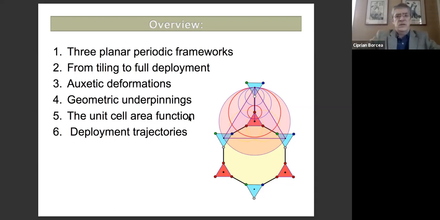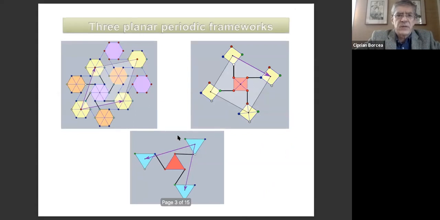And we'll see then the deployment trajectories. So here are the three main players of my talk.